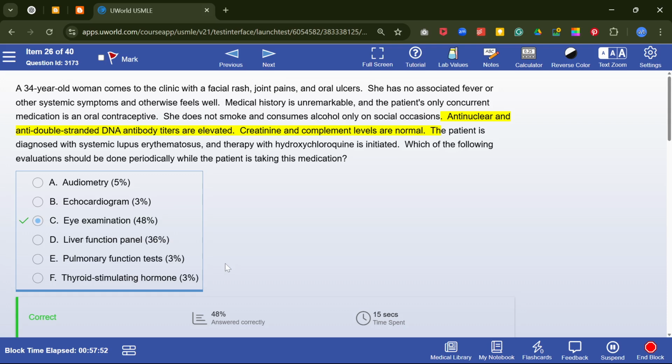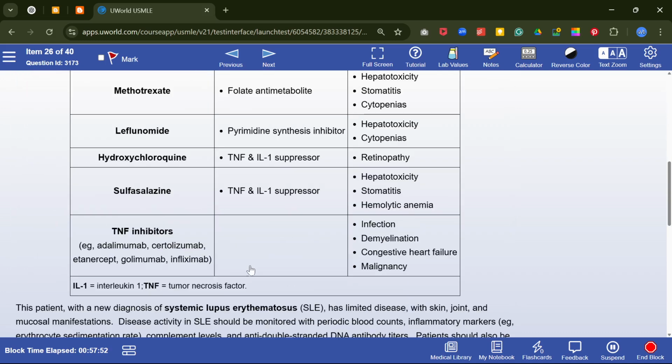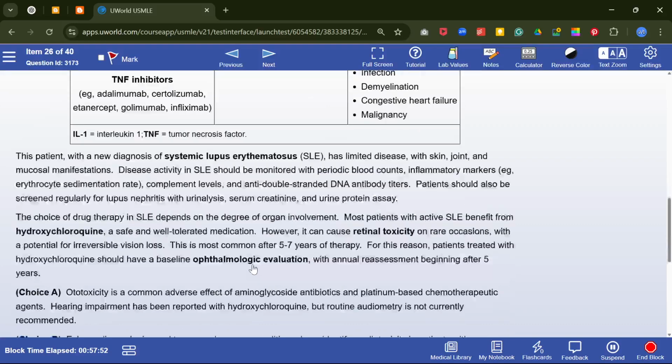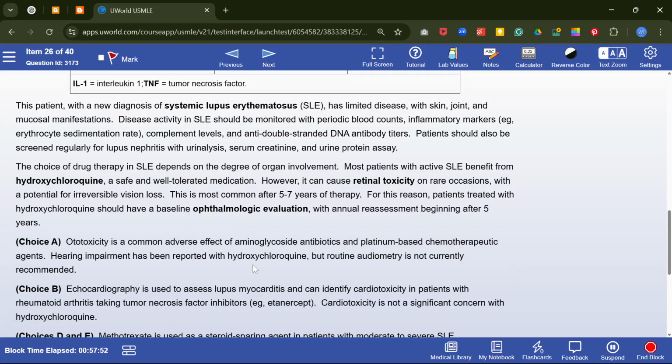Hydroxychloroquine can cause retinopathy, isn't it? Okay, this patient with a new diagnosis of SLE has limited disease with skin, joint, and mucosal manifestations.